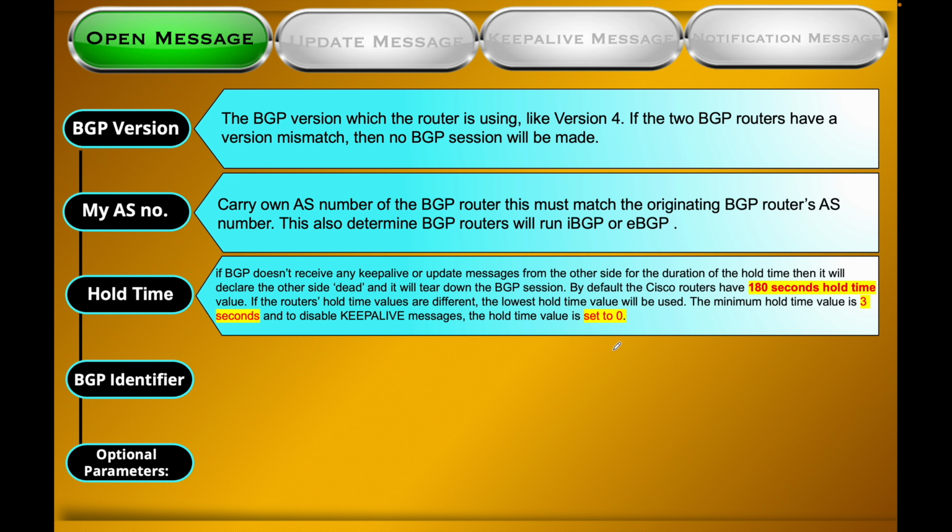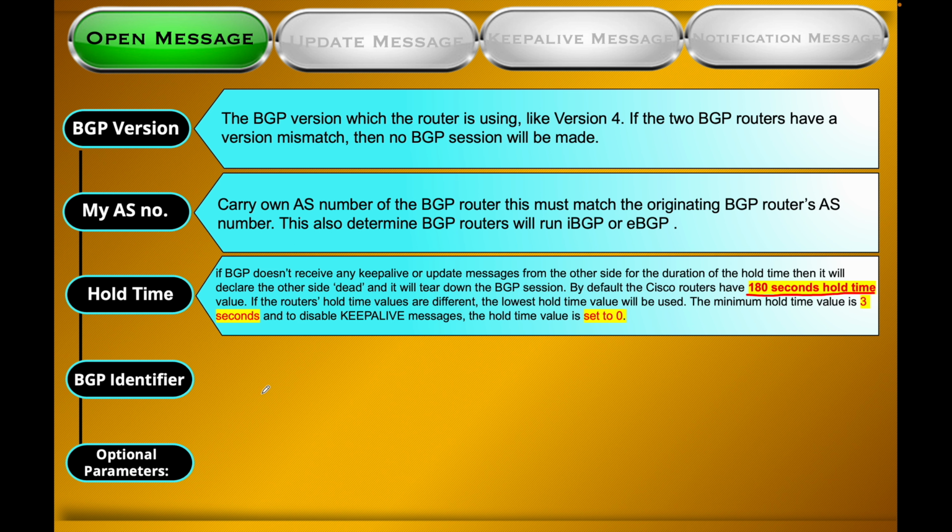Now in a Cisco router, 180 seconds is the default hold timer value. Another very important part: if the hold timer values don't match, say one router has a hold timer configured as 100 and a Cisco router has 180, then it will not tear down.